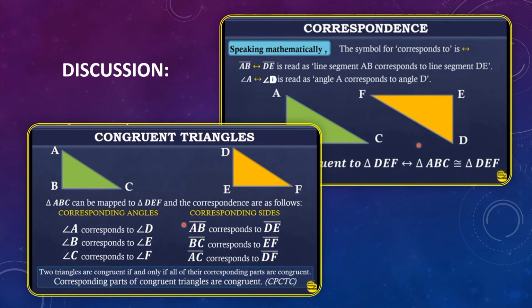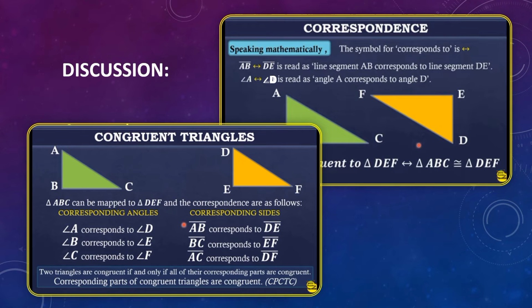And the correspondents are corresponding angles. Angle A corresponds to angle D. Kung titingnan natin ang dalawang ito, si A at saka si D, magkatugma at halos magkapareho o talagang magkapareho ang kanilang posisyon.